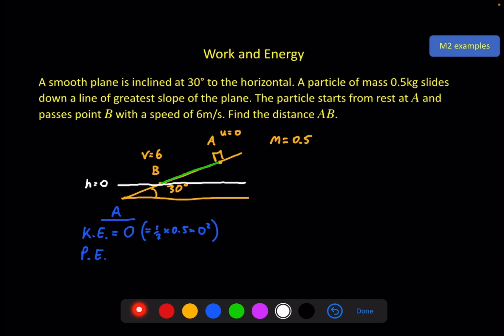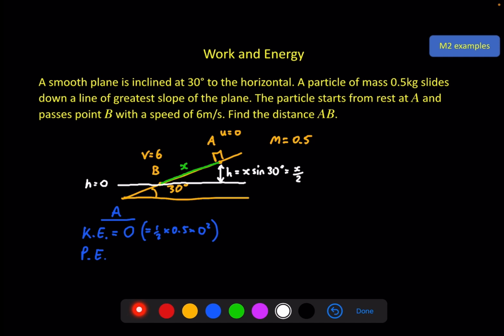So compared with this level, I need to know this distance, which I'll call h. To do that, without knowing AB, I'm going to call AB x. Therefore, h is equal to x sine of 30 degrees. Sine of 30 degrees is a half.